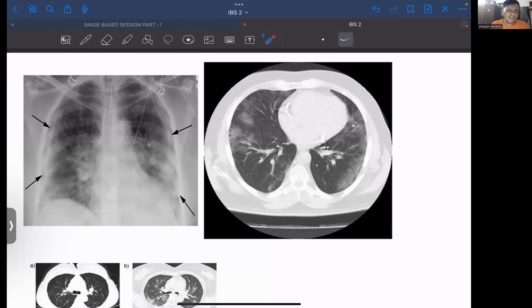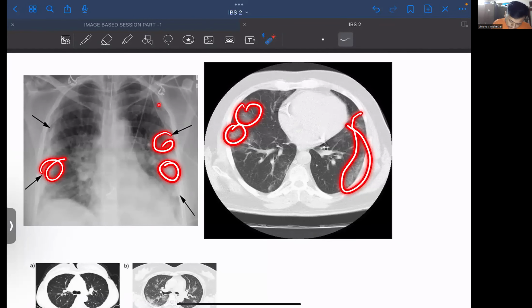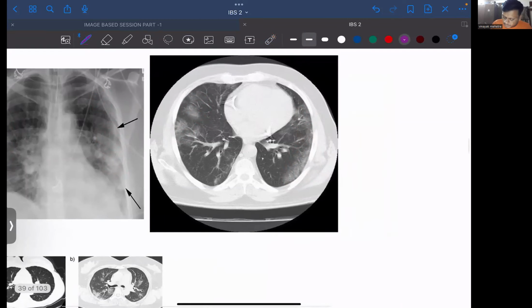This is called ground glass opacity. Ground glass opacities. इसी को हम बोलते हैं GGO. इसी को बोलते हैं ग्राउंड ग्लास opacities.